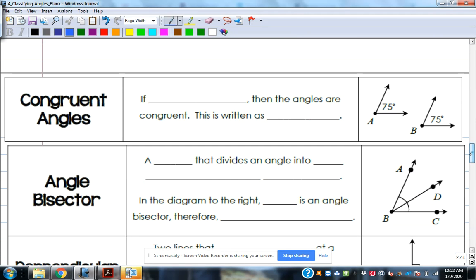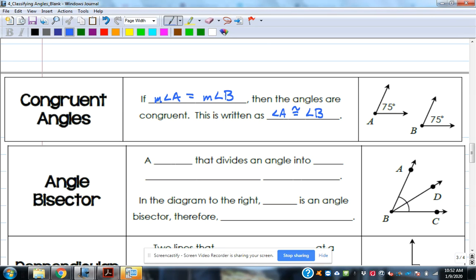Congruent angles. If the measure of angle A is equal to the measure of angle B, then the angles are congruent. So then we could say that angle A is congruent to angle B. Equal sign when we're talking about measurement, congruent sign when we're talking about objects.